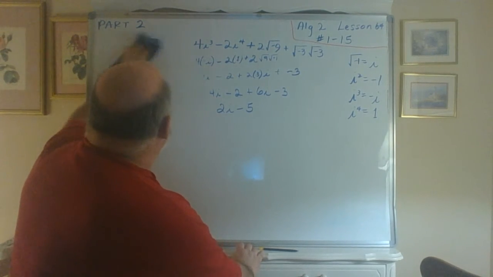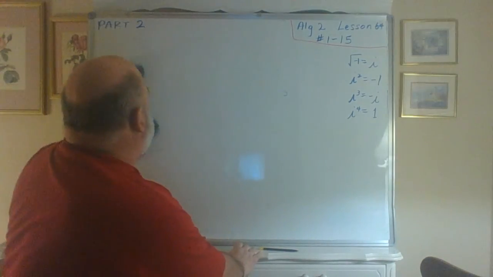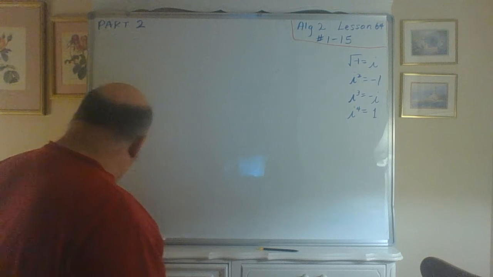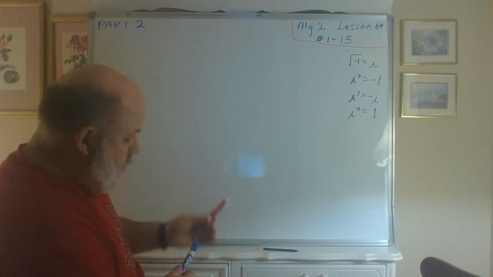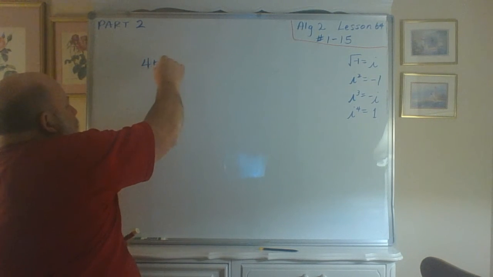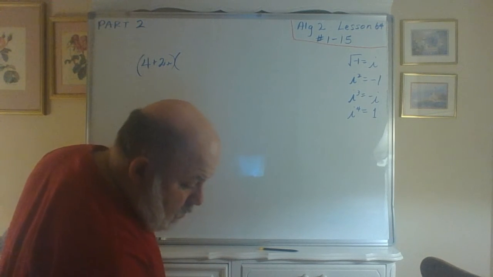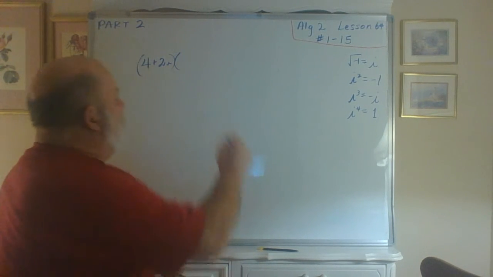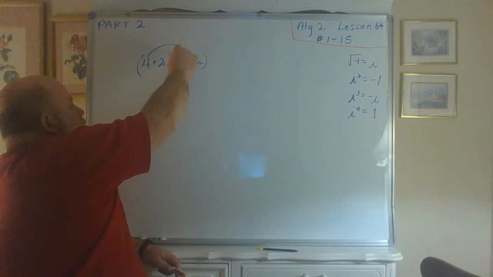Need to pay close attention because we're going to be doing the distributive property, and you have to be very careful. I might even use colors, different colors. We'll see. (4 plus 2i) times (3 minus 2i). The 4 gets multiplied by the 3.